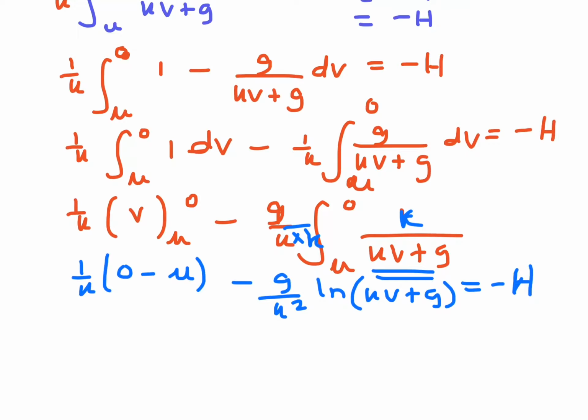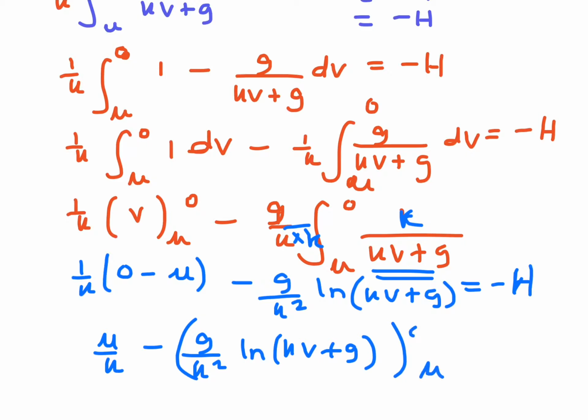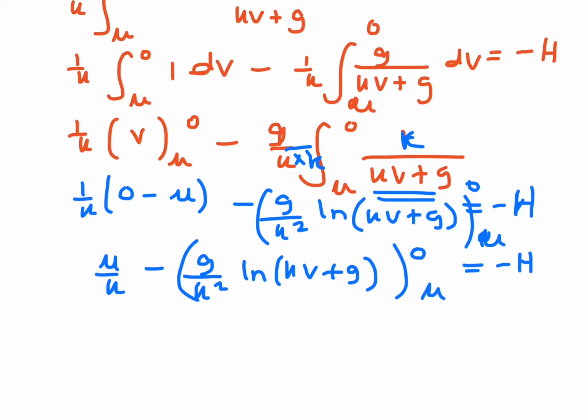Okay, so that's going to be mu on k minus g on k squared ln kv plus g. Now I just have to put these boundaries in, so it's from mu to 0 equals minus h. Probably should put it back up there too, because technically it hasn't been subbed in yet.